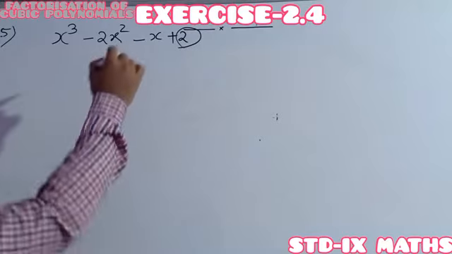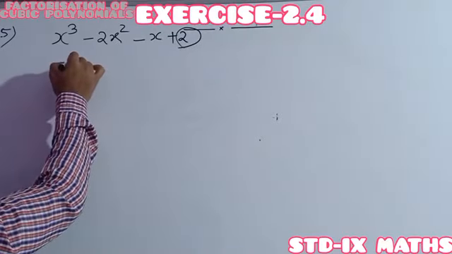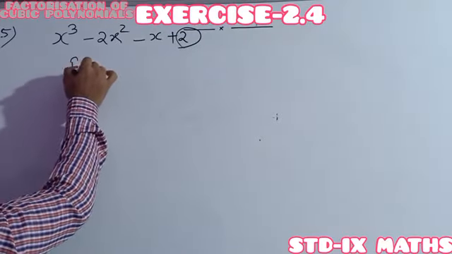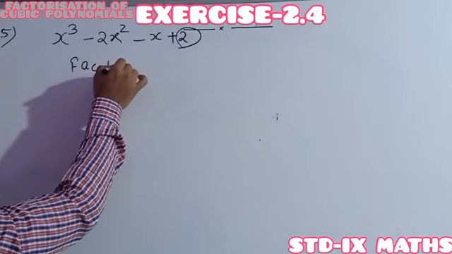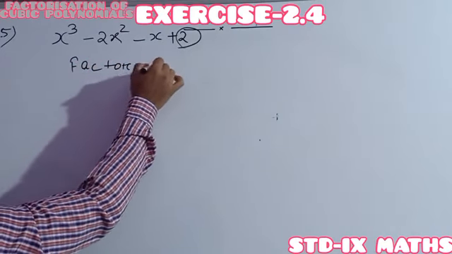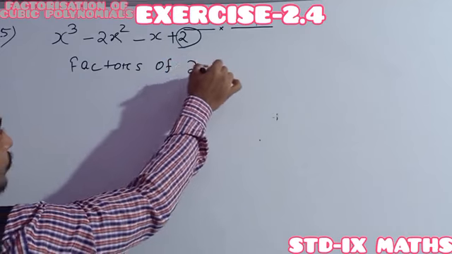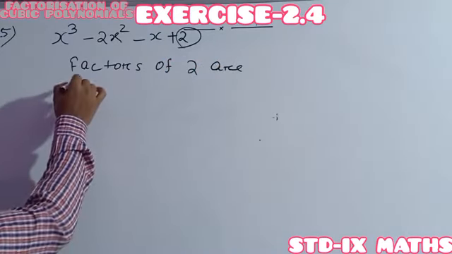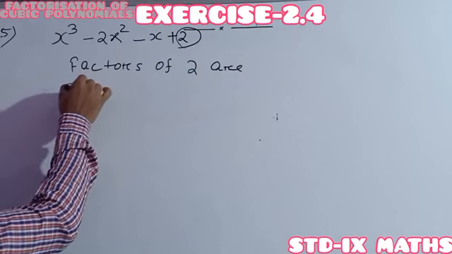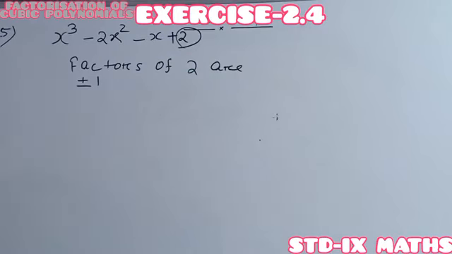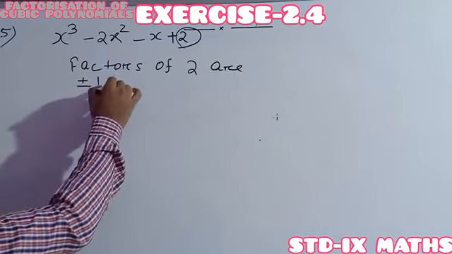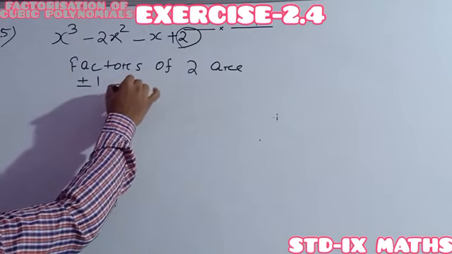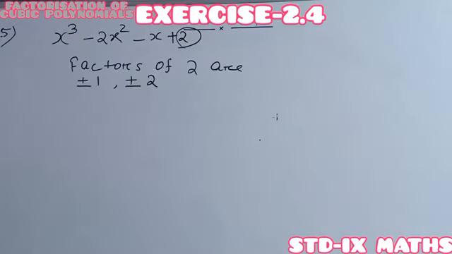So first we have to write down the factors of 2. See, here plus 1 is a factor, also minus 1 is a factor of 2. In the same way, remember, plus 2 also minus 2 is a factor of 2.